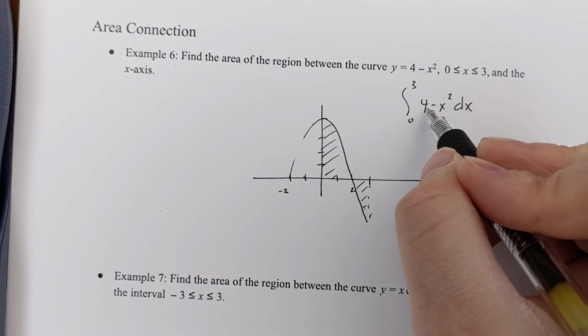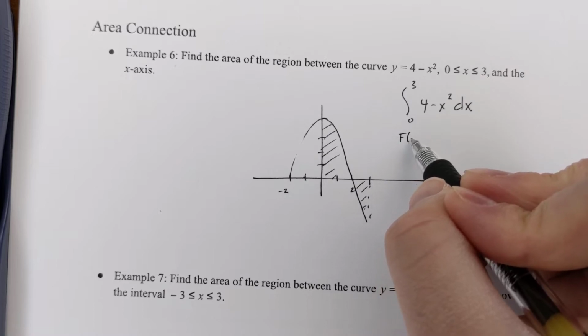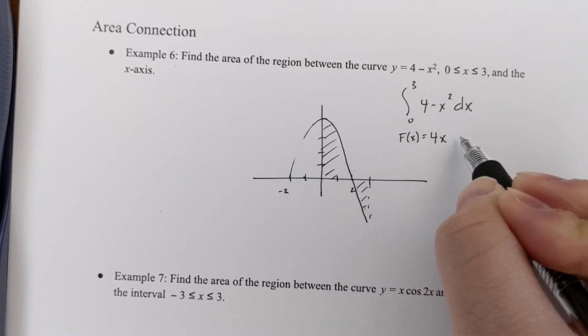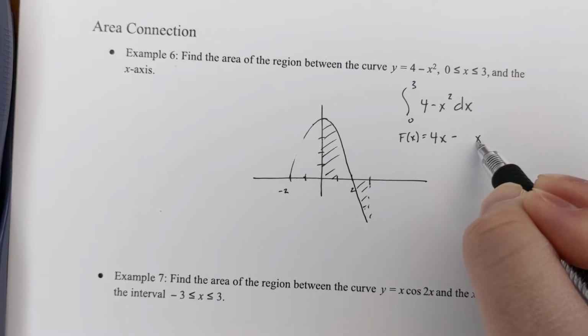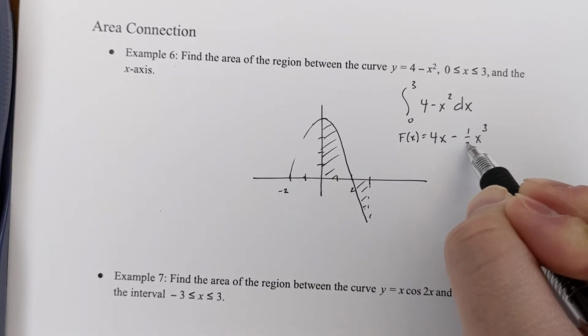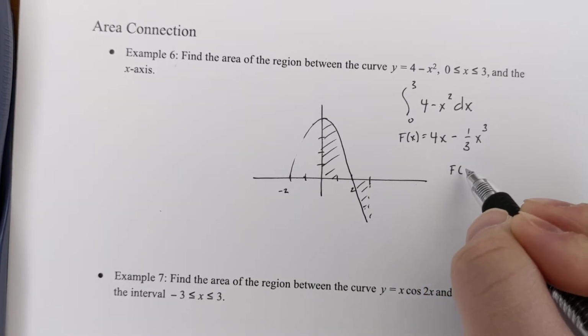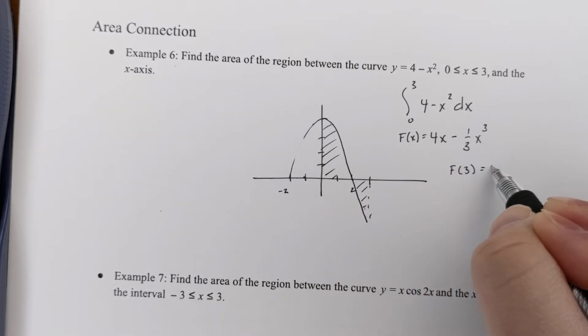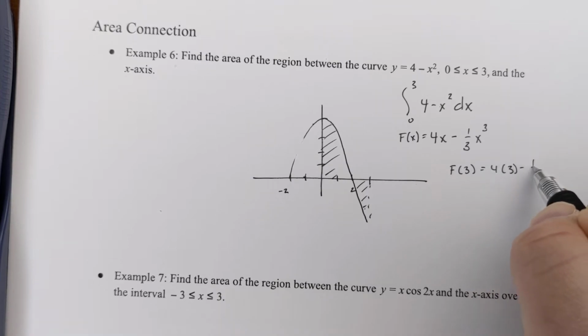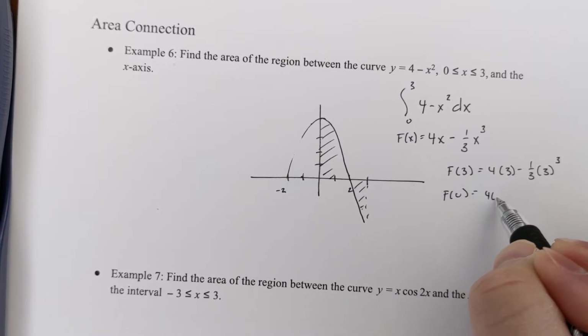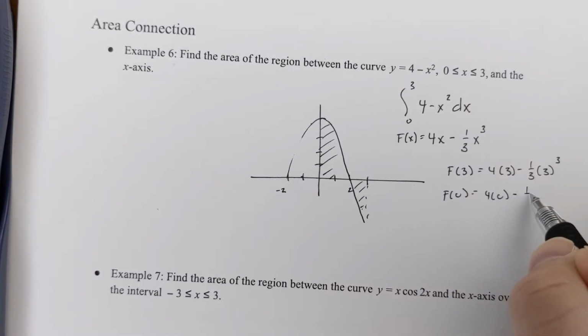So antiderivative, so I need capital F of x. So numbers, just pick up x's. For this term, exponent counts up, reciprocal goes out front. So I need f of 3, which would be 4 times 3 minus 1/3 times 3 cubed. I need f of 0, which is 4 times 0 minus 1/3 times 0 cubed.